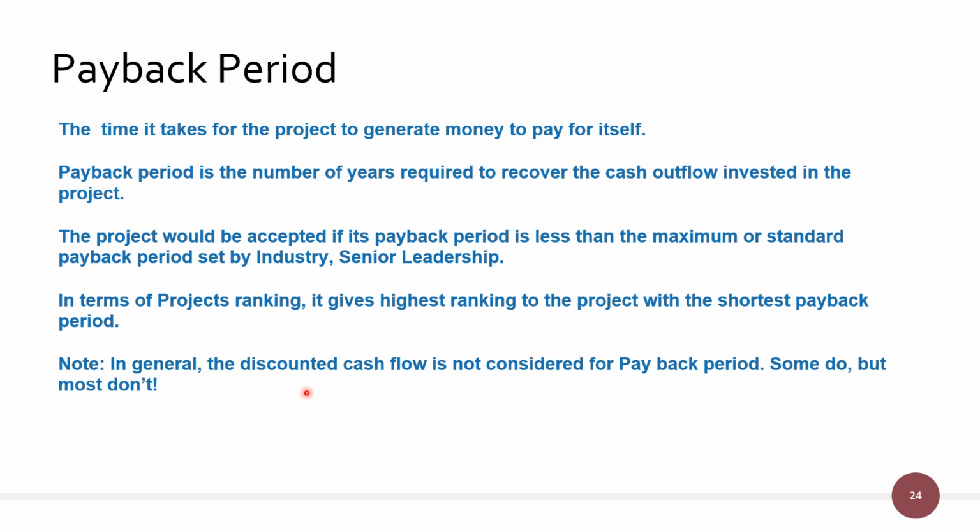Payback period is the number of years required to recover the cash outflow invested in the project. It is the time taken to recover the cash invested in a project.